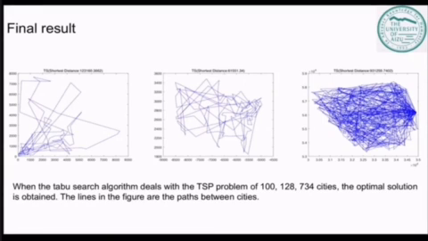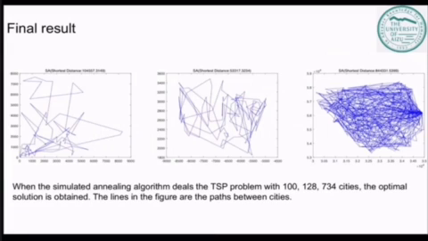The three pictures from left to right are the city connection maps obtained when the tabu search algorithm processed the three TSP problems. It can be seen from the figure that the tabu search algorithm fails to converge to the global optimal solution in a limited iteration process.